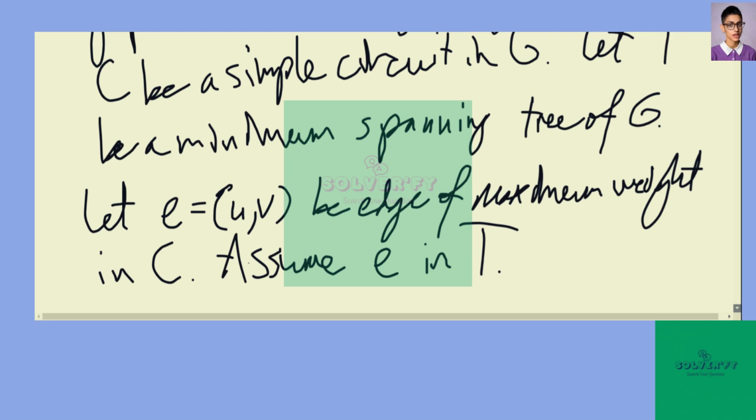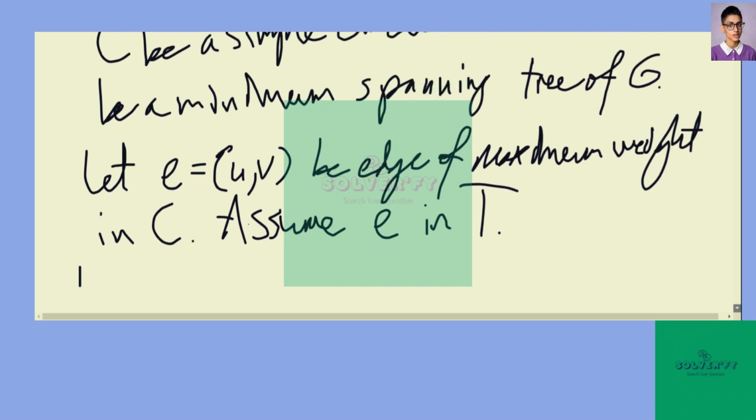So define a new graph T prime as the minimum spanning tree T without this edge E. We have that T prime is then going to be a forest with two connected components.